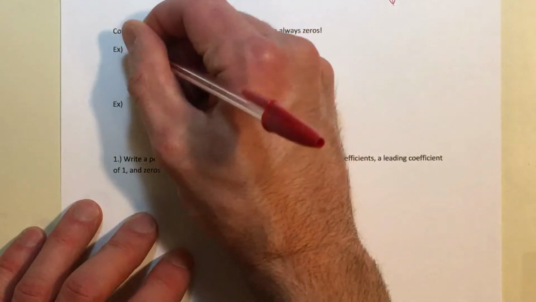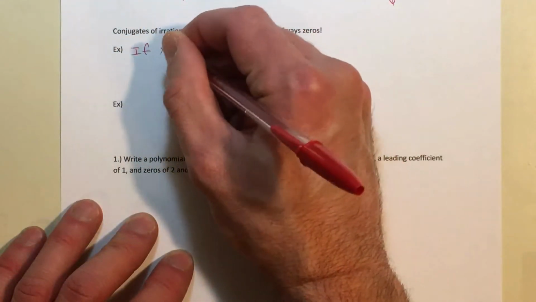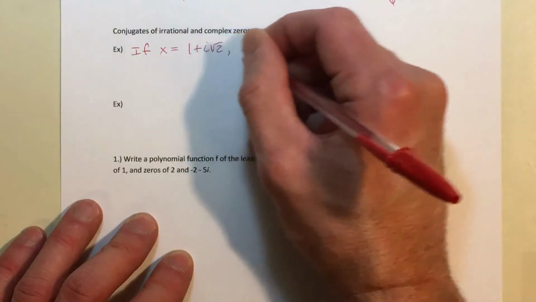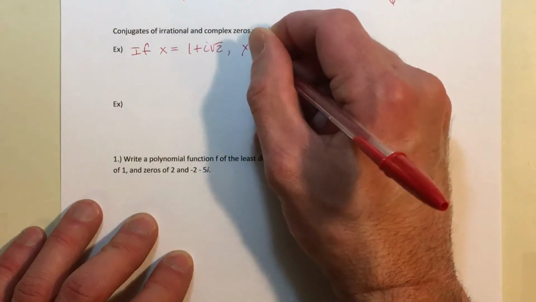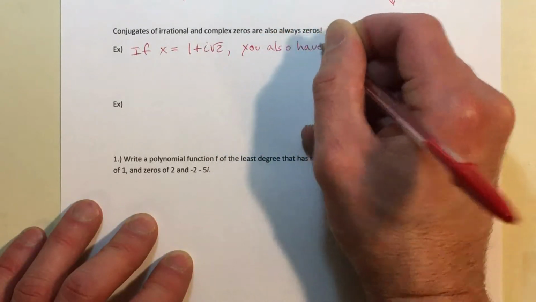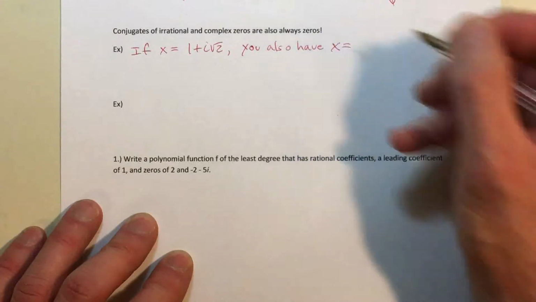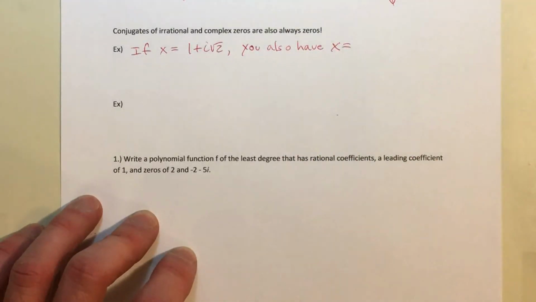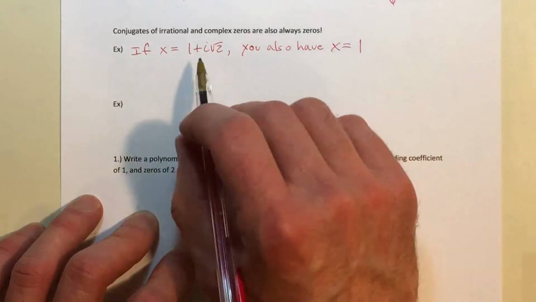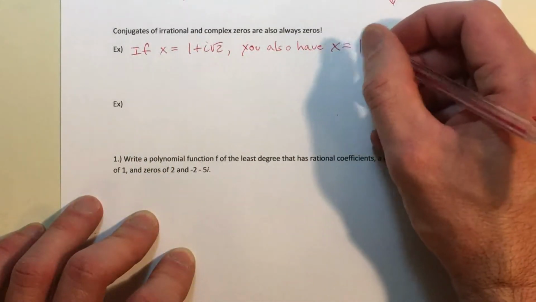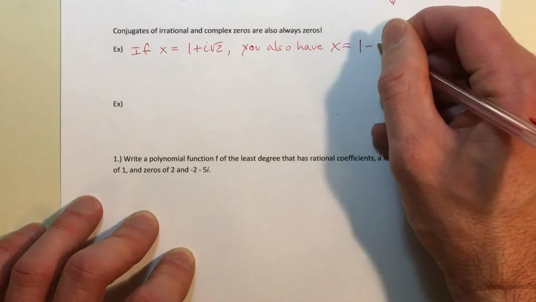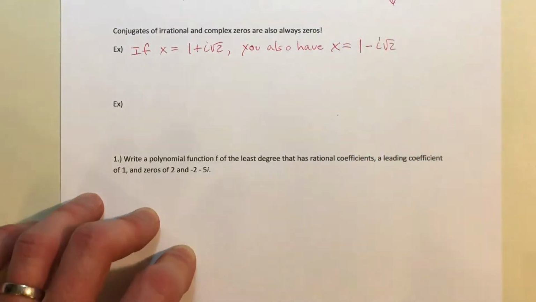So what that means is if x is equal to 1 plus i square root 2, you will necessarily also have x equals the conjugate as a 0 as well. The conjugate is not the opposite. It's changing the addition to subtraction. So in this case, it's not the opposite, I should say. So your conjugate would be 1 minus i square root 2.